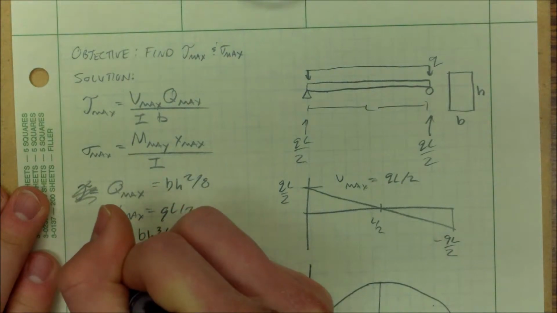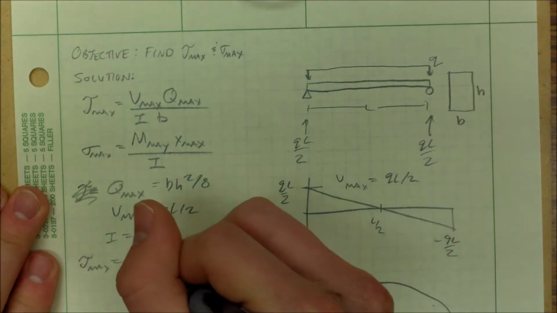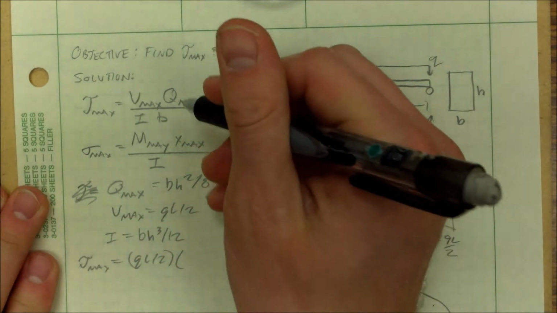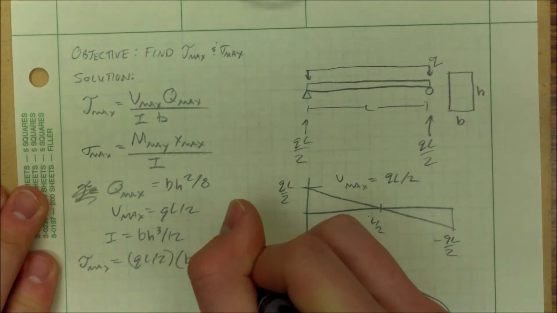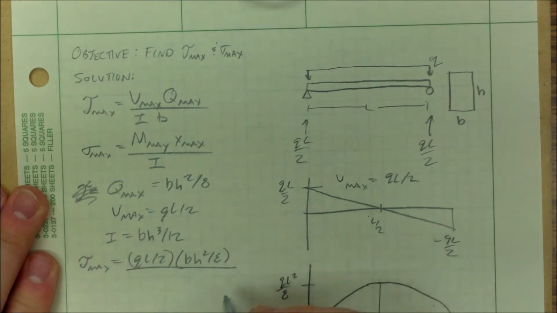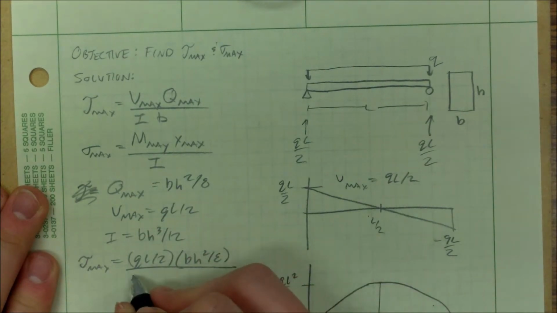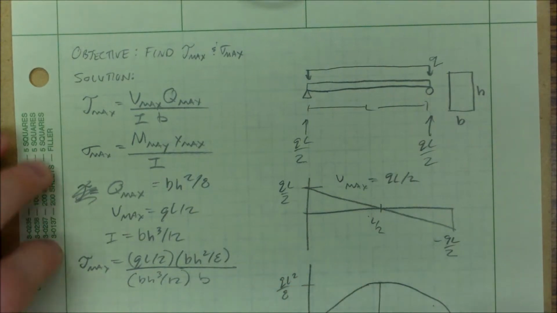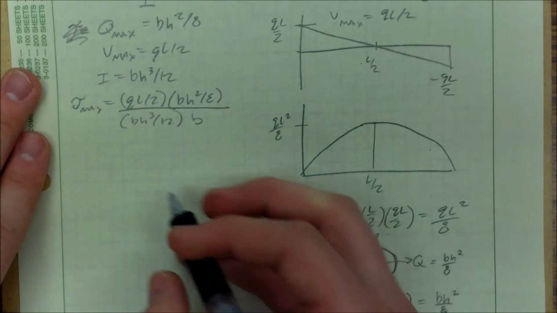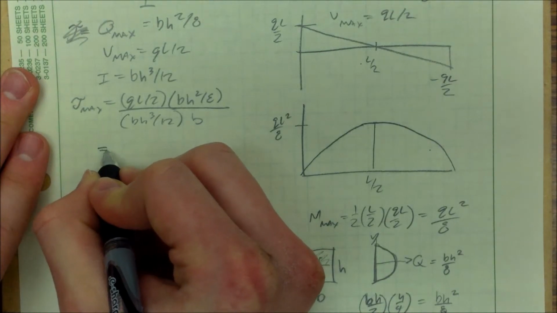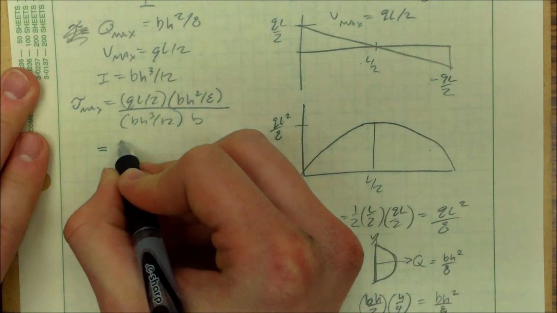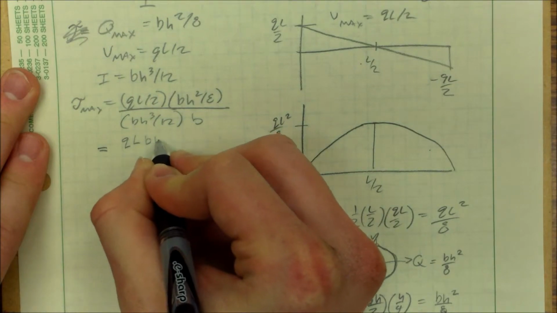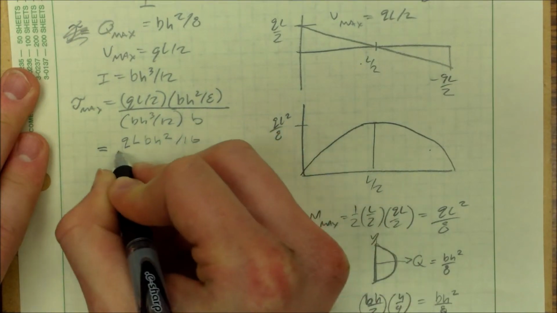So our tau max, let's plug everything in. I got QL over 2 times our Q, which is bh squared over 8. I have bh cubed over 12, and I have b. Let's simplify this a little bit. I have QL bh squared divided by 16.